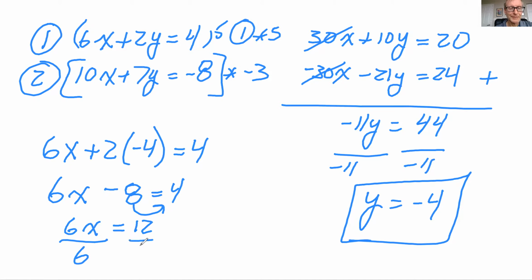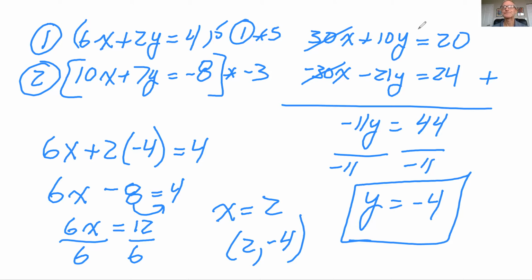Divide each side by 6, and you see it's set up quite nicely, x equals 2. So in ordered pair form, x equals 2, y equals -4. That gives you a feel for the elimination technique. Let's do one more example to walk through.